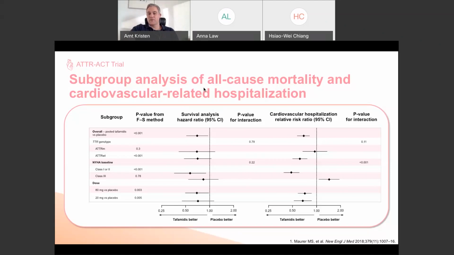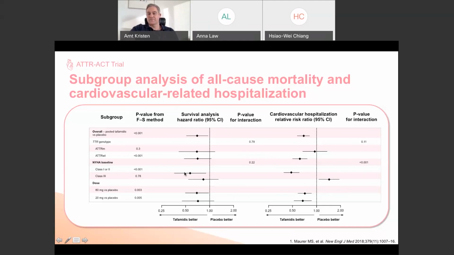But we also see that patients with less severe heart failure, according to NYHA class 1 or 2, have a better survival if treated with tafamidis, and a lower rate of cardiovascular-related hospitalizations in comparison to patients with more severe heart failure, class 3, according to the NYHA class.